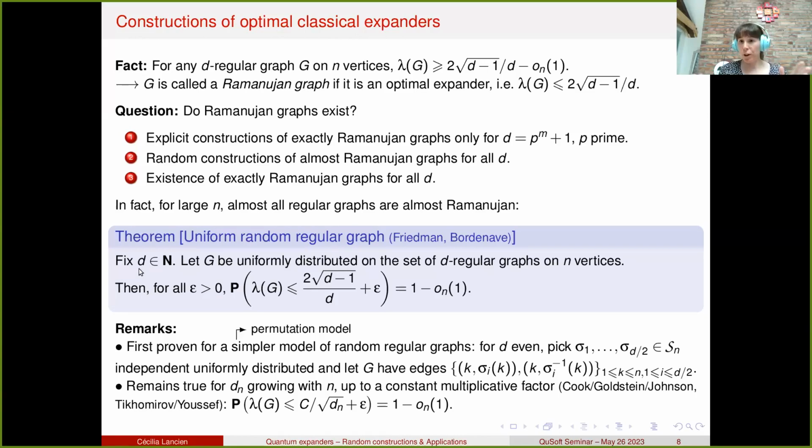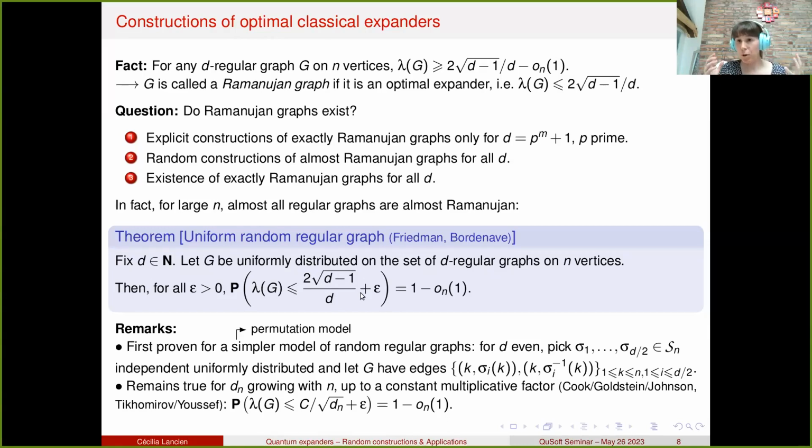Imagine you fix your degree d, and then you pick G uniformly distributed on the set of all d-regular graphs on n vertices. Then what you can show is that for any error epsilon that you fix, with probability going to 1 as n grows, the parameter lambda of G of this uniformly distributed graph G is going to be upper bounded by 2 times square root of d minus 1 over d, so the optimal value, plus the small error epsilon.